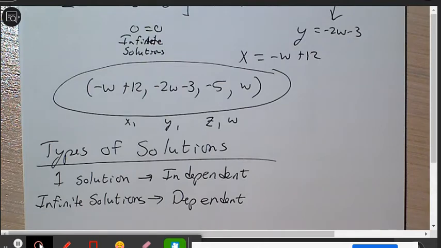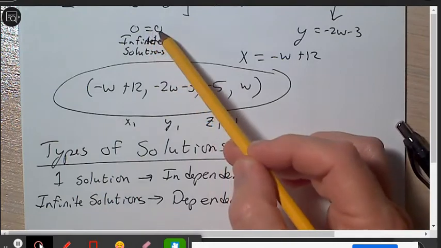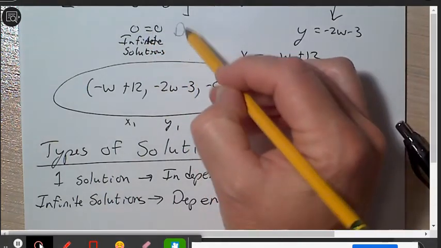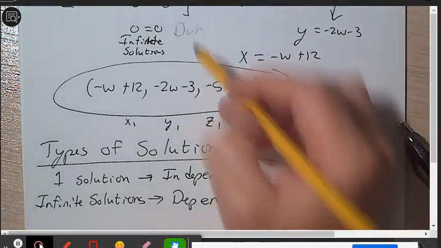I always kind of like doing this one because if you get a problem like this, if you've got 0 equals 0, to me, that's kind of like a does statement. So I always see that as being like dependent.